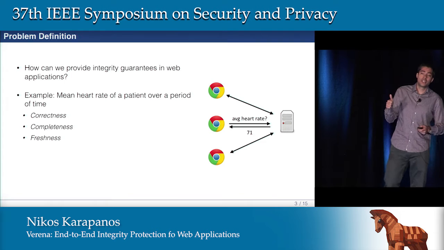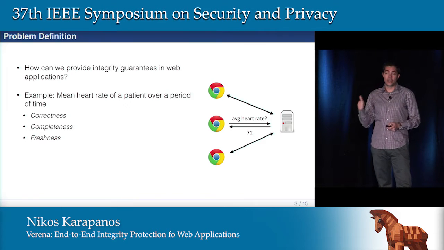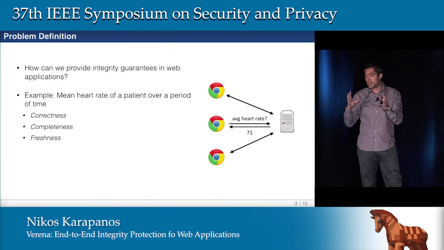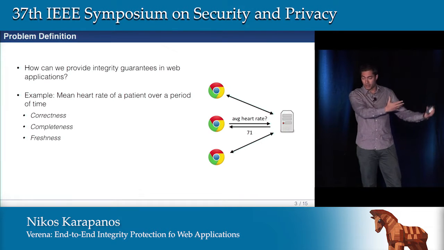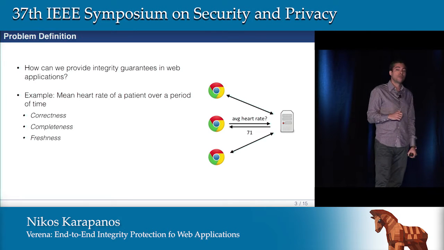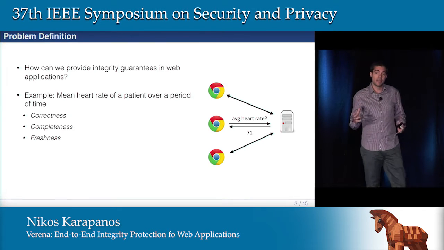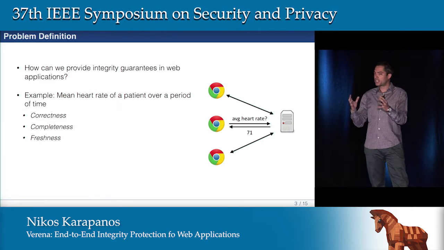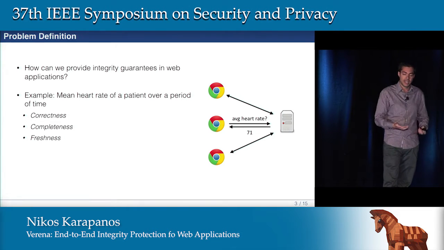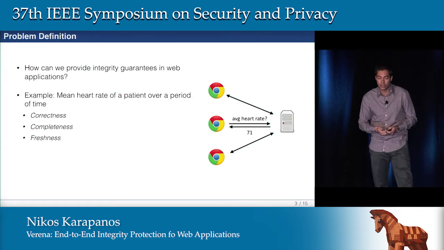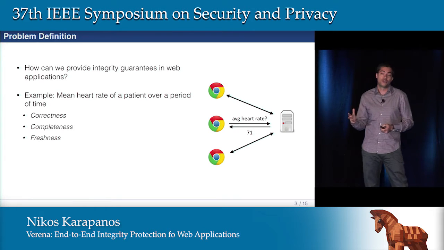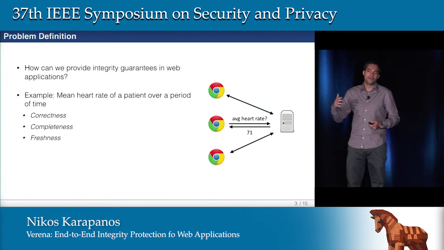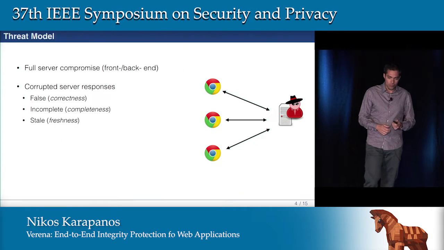First of all, we need to make sure that the result, what the doctor sees, is correct, so it was computed correctly based on what was submitted or reported by the pacemaker. We want to make sure that the result is complete, meaning that all the measurements within this period of time that the doctor asked about were included in the result that is fetched back to the doctor, and also that the result is fresh, so that the result reflects the latest state of the application.